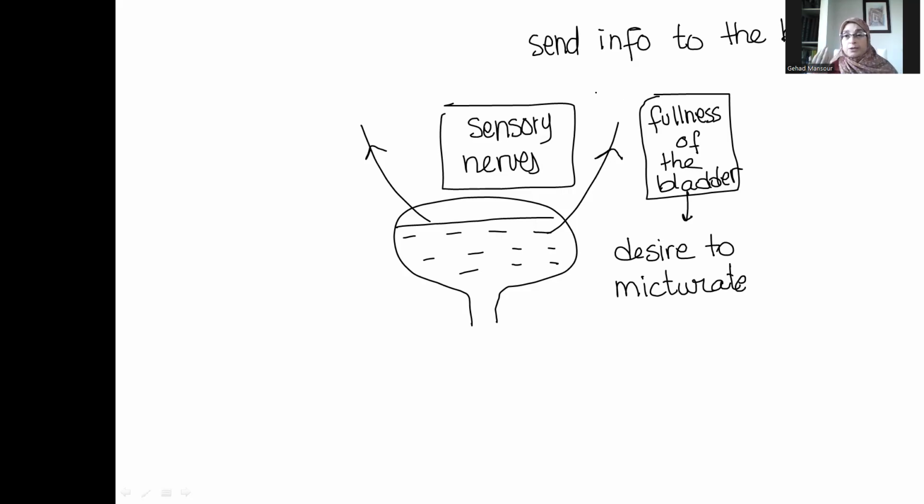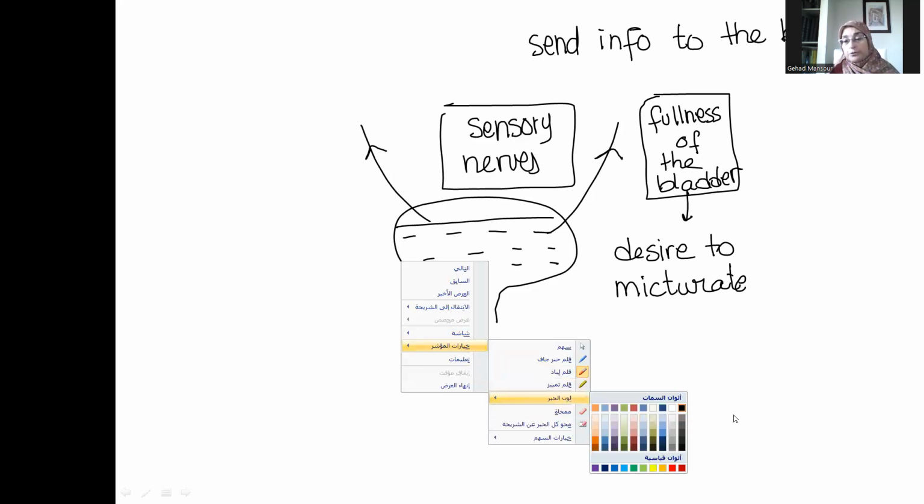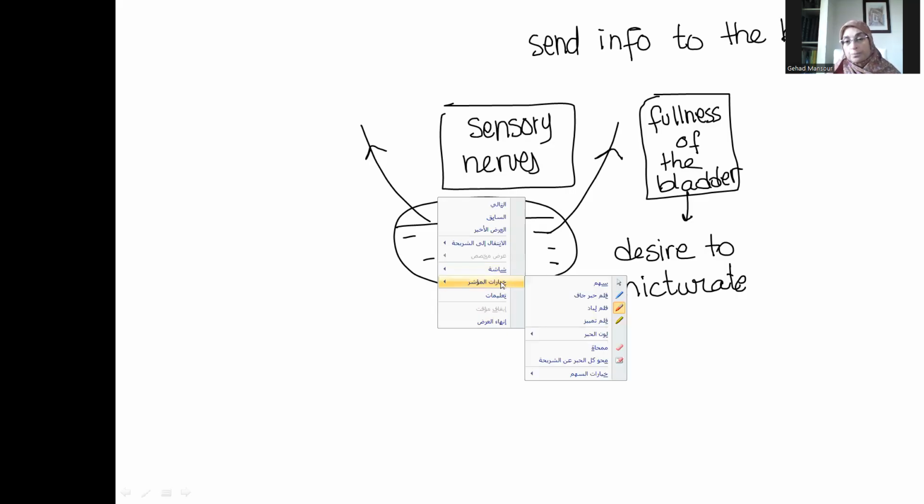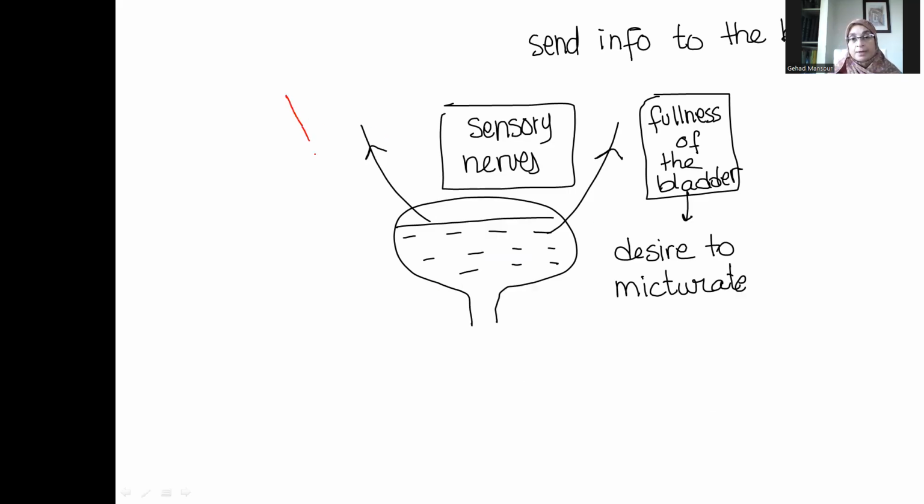Of course, this interpretation occurs in the brain, but there are other nerves that I will be drawing in red, and that give motor orders to the very thin muscles in the wall of the bladder to contract to help evacuating your bladder.